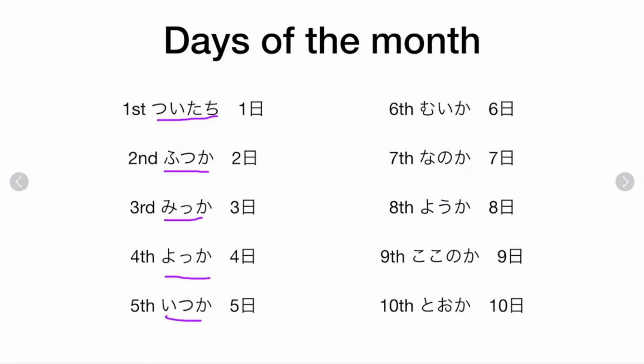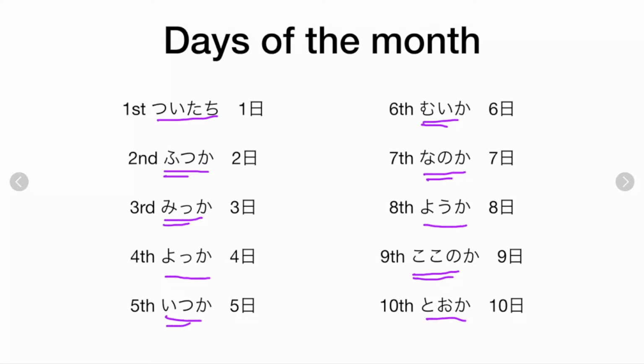Itsuka, the fifth. Muika, the sixth. Nanoka, the seventh. Yoka, the eighth. Kokonoka, the ninth. Toka, the 10th. So later when we learn counter words, futsu, mi, itsu, mu, nano, kokono, these will make more sense where they come from.